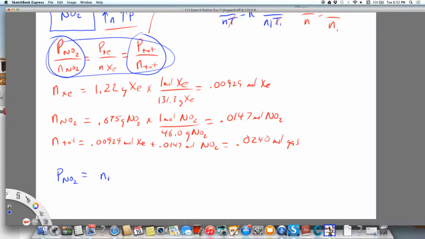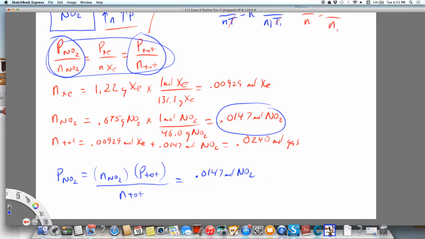PNO2 is going to be the moles of NO2 times the pressure total divided by the moles total, which we just found. Okay? So what we get for moles NO2, we've got 0.0147 moles NO2. That's what we figured out here.